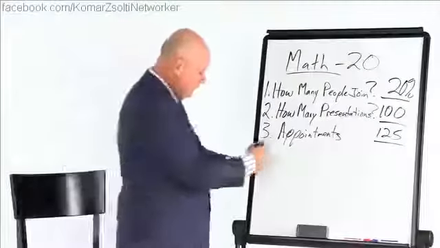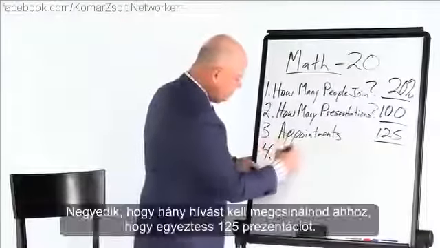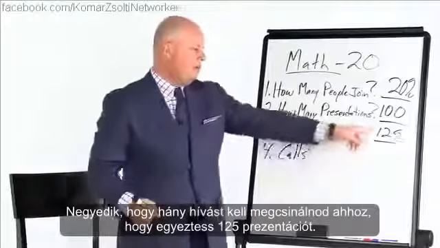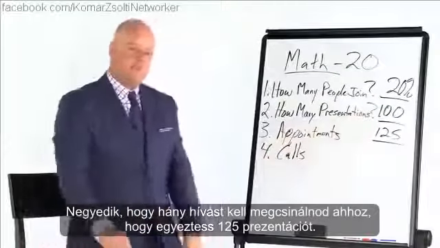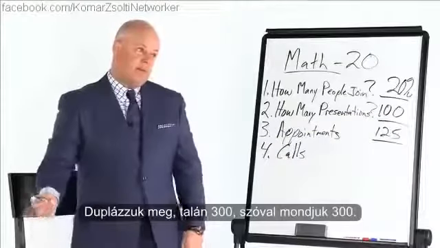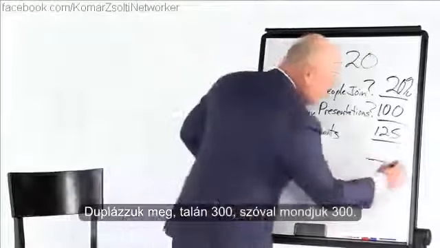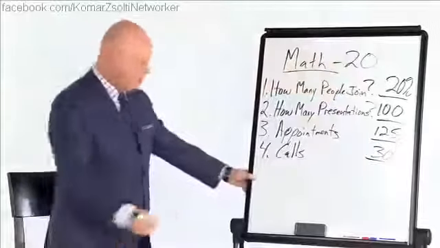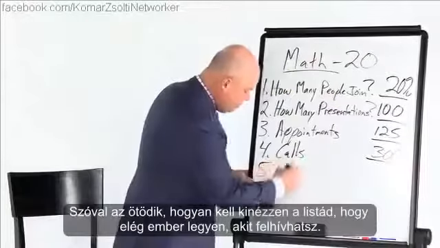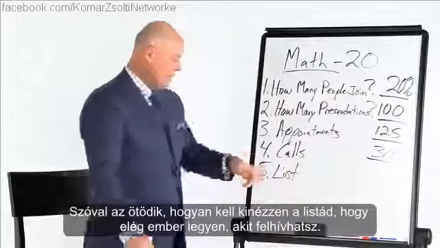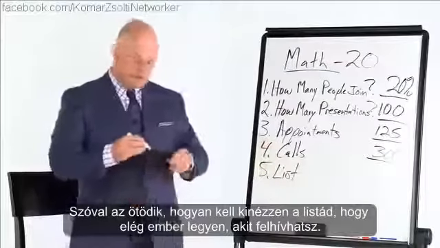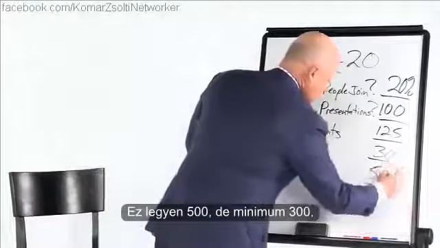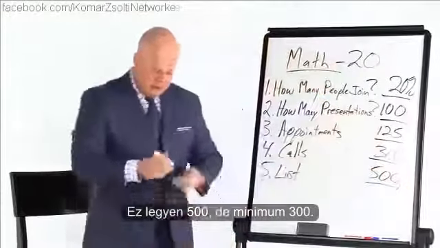Okay? 4, how many calls do you need to make in order to set up 125 presentations? Double that? Maybe 300? Let's just say it's 300. So 5, what does your list need to look like so you have enough people to make phone calls to? I don't know, 500? At least 300.